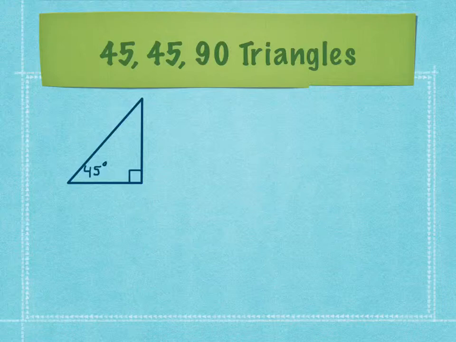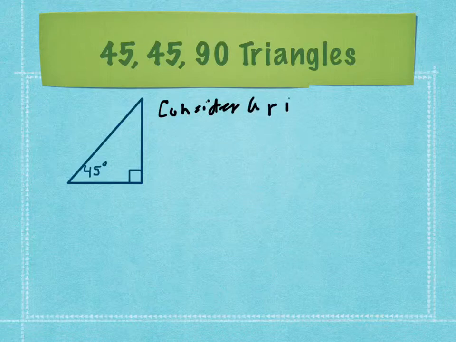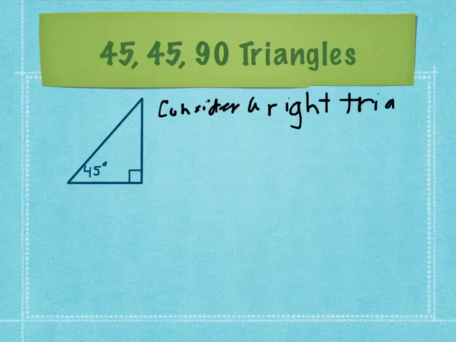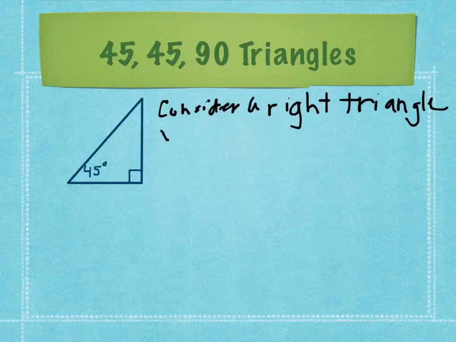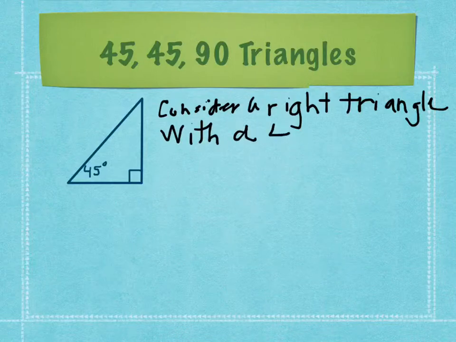So consider a right triangle, which means it's got a 90-degree angle, with a 45-degree angle.